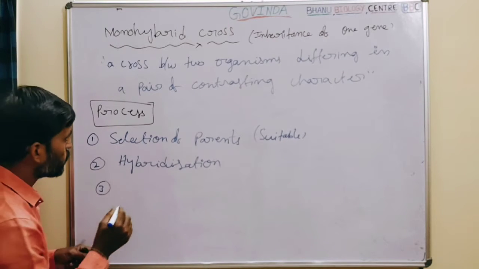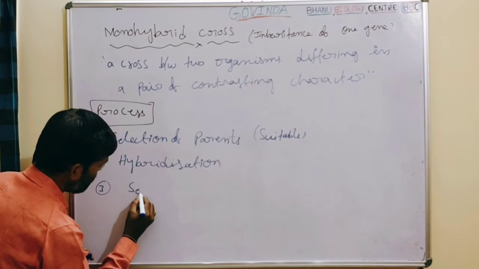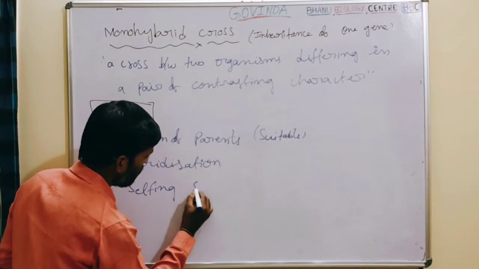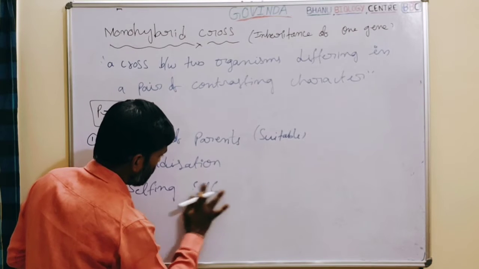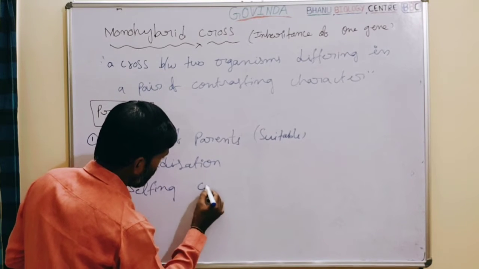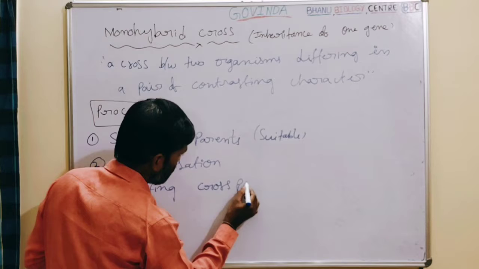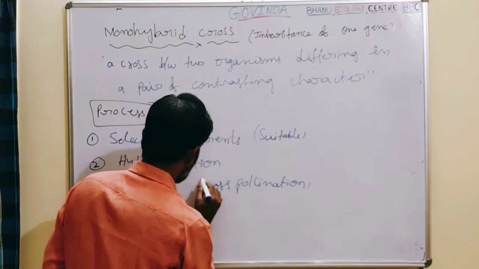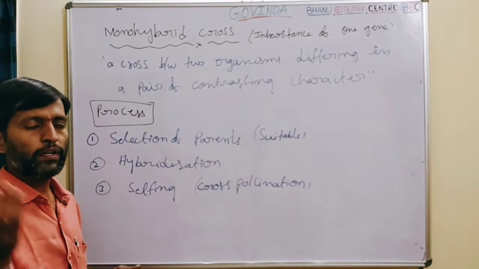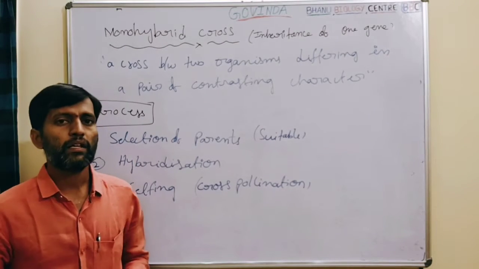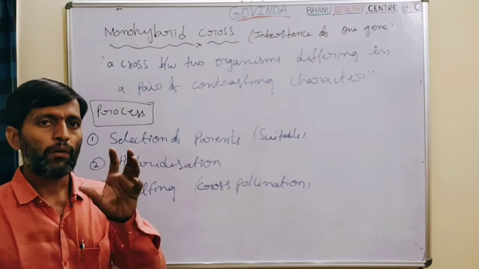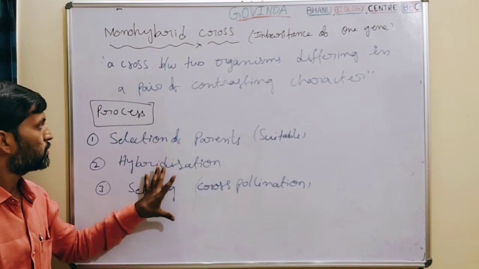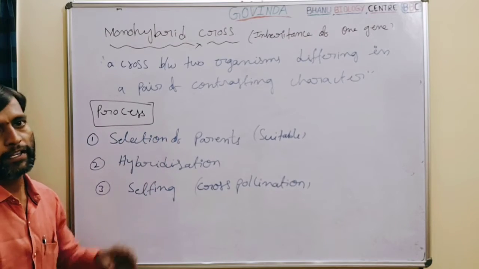Then the third step is selfing or cross pollination. Before giving you the diagrammatic representation of the monohybrid cross, I will give you brief information about these 3 steps involved in the experiment.